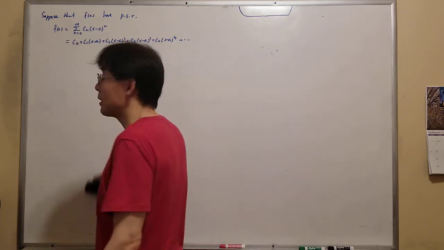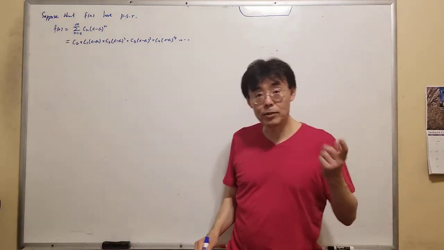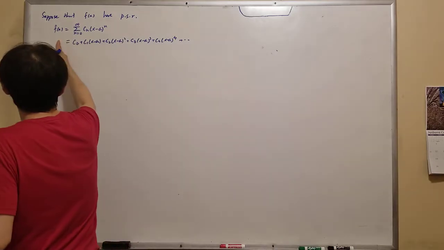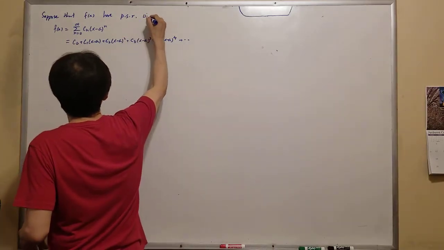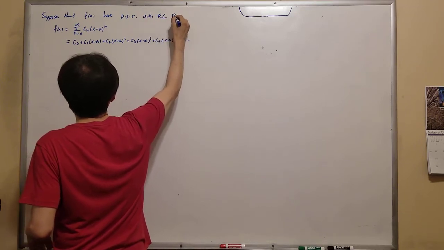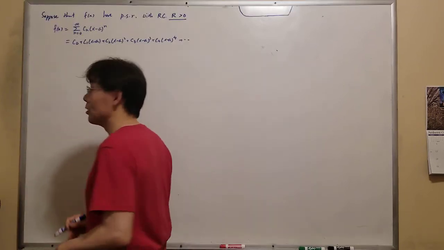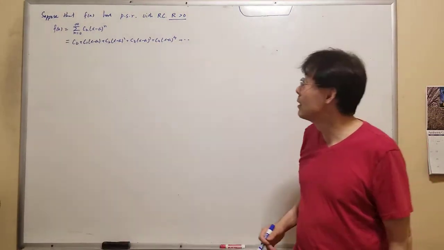Now if it has a power series representation, then from the main theorem of section 8.6, first of all, it has some radius of convergence r greater than 0, either some positive real number or infinity.